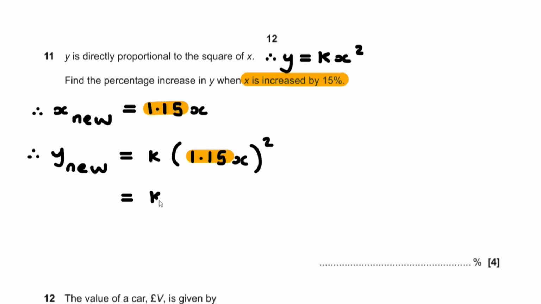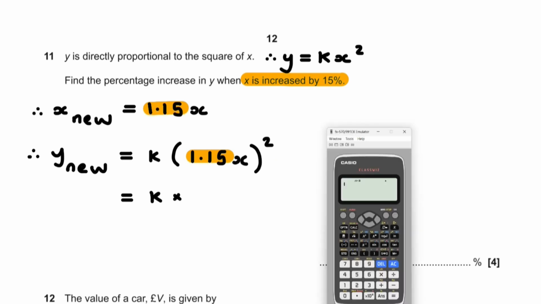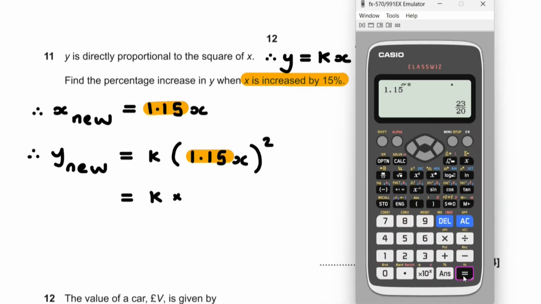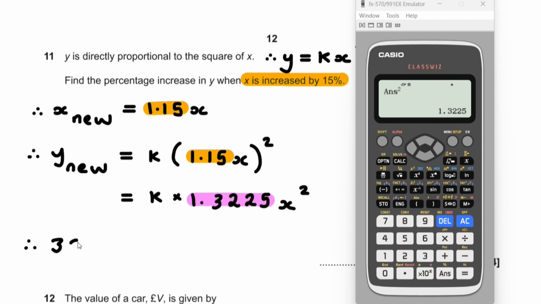So I've got k multiplied by 1.15 squared, which is 1.3225 x squared. So when I come to find out my percentage increase, that would correspond to 32.25%.